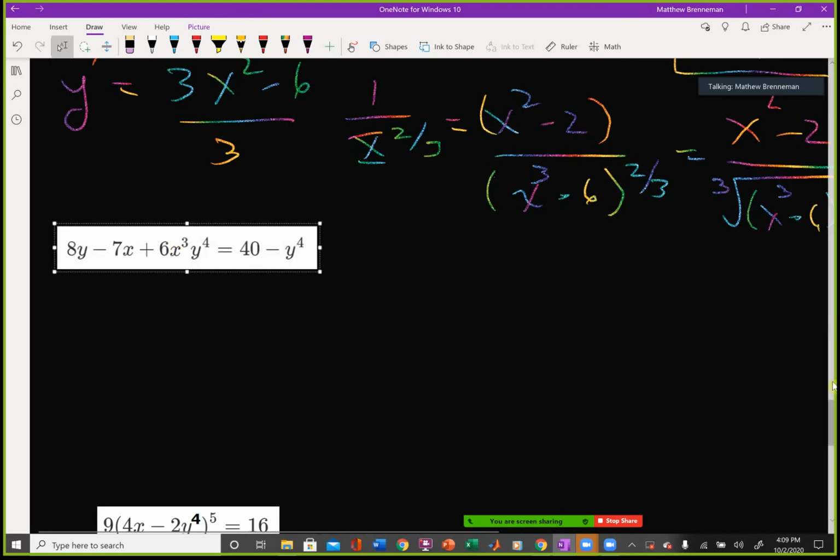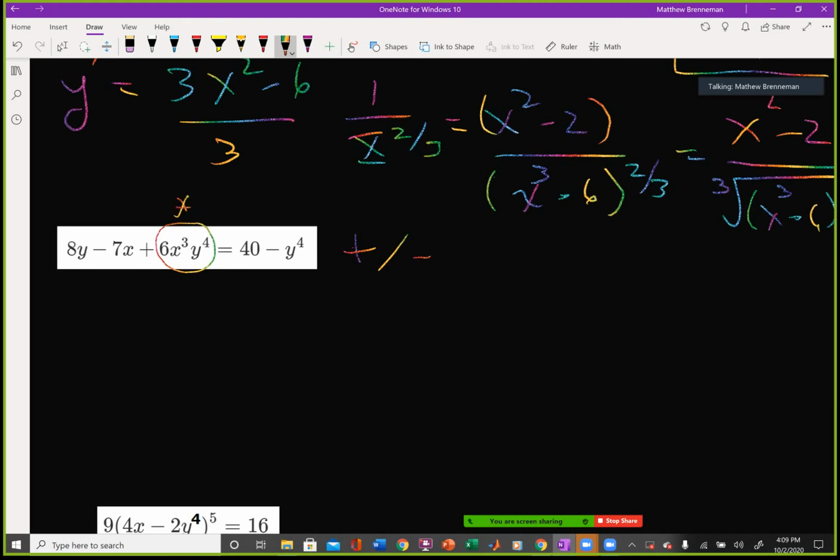So if we look at the next problem, let's break this down. First it's going to be a sum and difference. This term is going to be a product, and inside of the product is going to be implicit differentiation. And this term is going to be implicit differentiation.